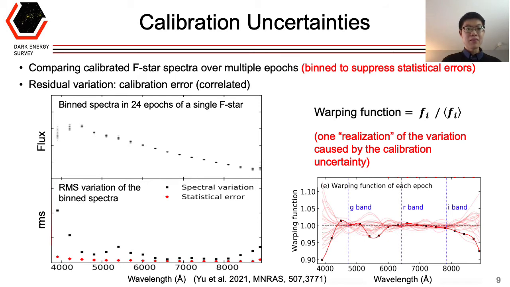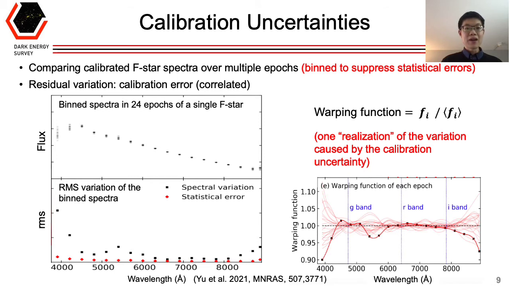As an example, the upper panel in the left figure shows the beam spectra in multiple epochs of a single F-star, while the lower panel shows the residual variation of this spectra. If we assume that the F-stars do not vary over time, then this residual variation can be seen as an estimate of the calibration uncertainty.